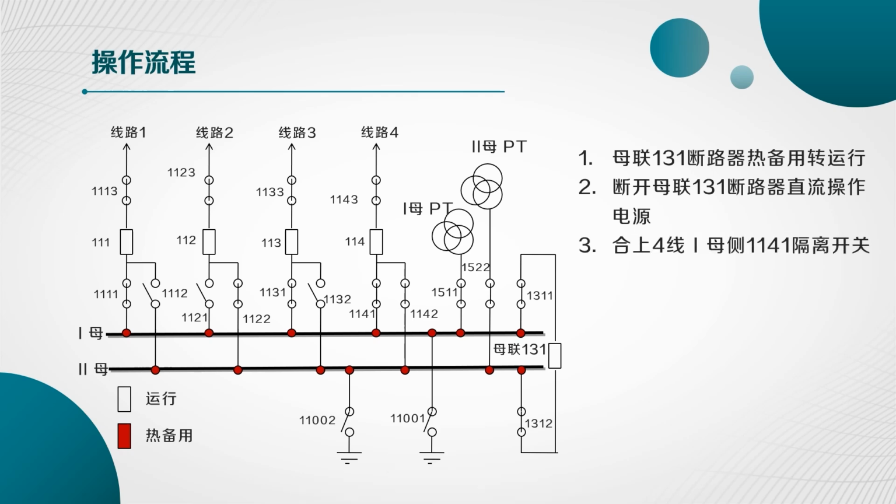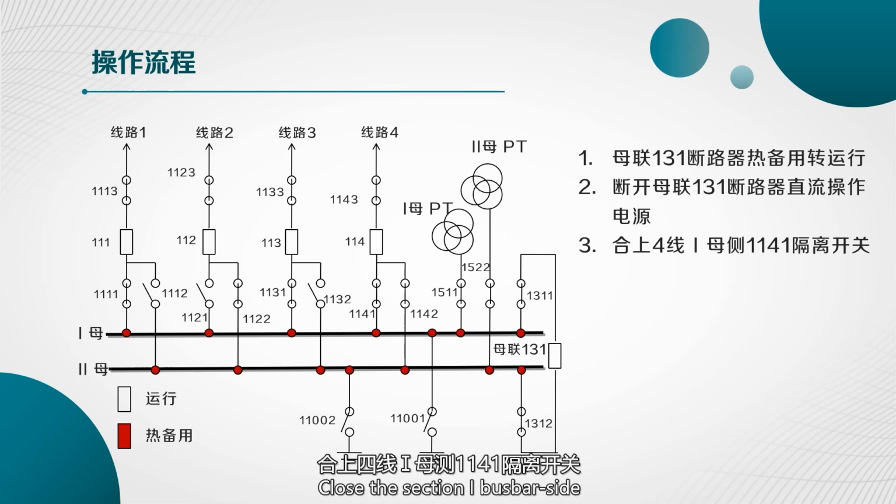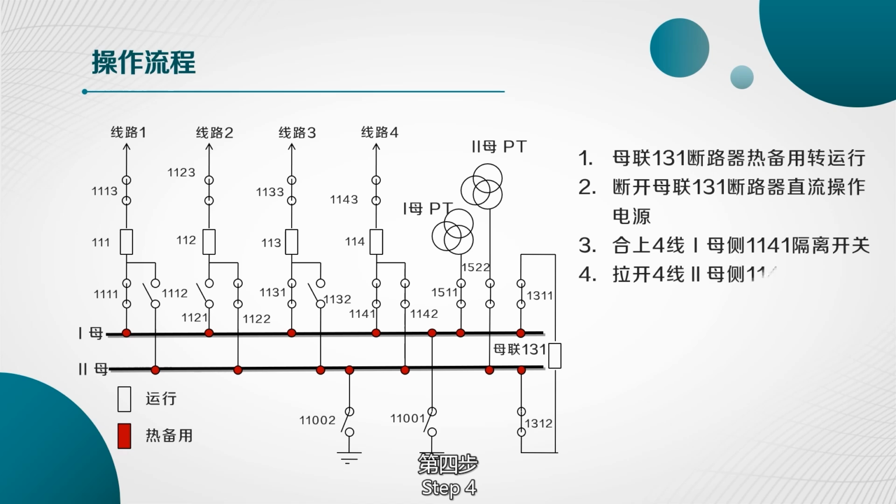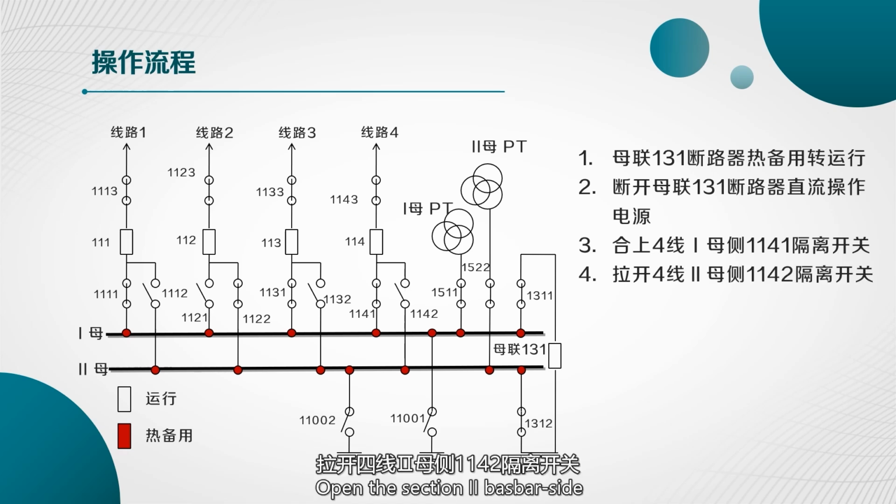Step 3. Close the section 1 bus side 1141 disconnector on the line 4 system. Step 4. Open the section 2 bus bar side 1142 disconnector on the line 4 system.